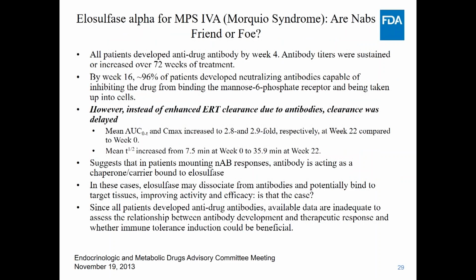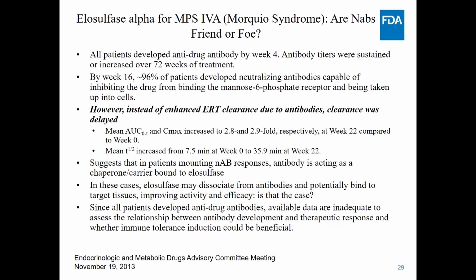An example of this was an enzyme replacement therapy, elosulfase alfa, for Morquio syndrome. In this scenario, it wasn't clear that neutralizing antibodies were friend or foe, because all patients developed anti-drug antibody, and the titers were sustained or increased over 72 weeks of treatment. By week 16, 96% of patients developed neutralizing antibodies capable of inhibiting the drug from binding to the mannose-6-phosphate receptor.